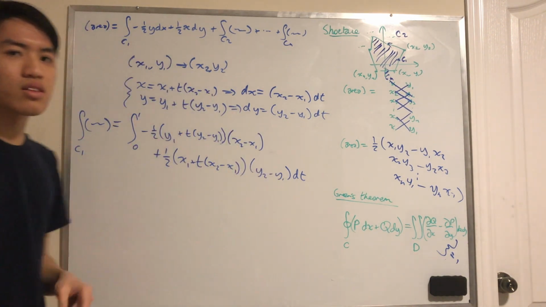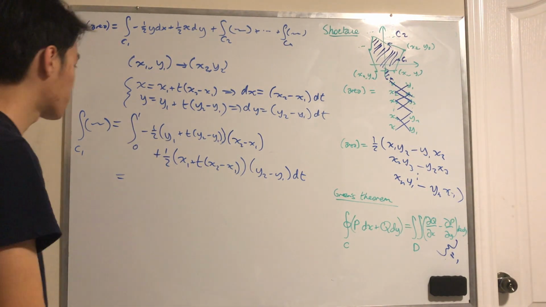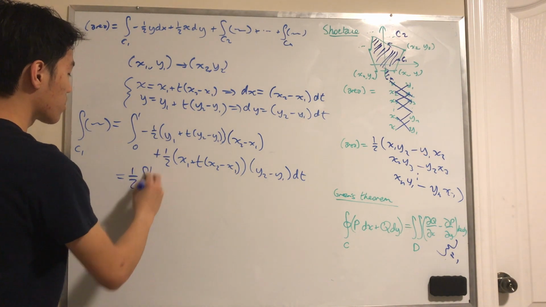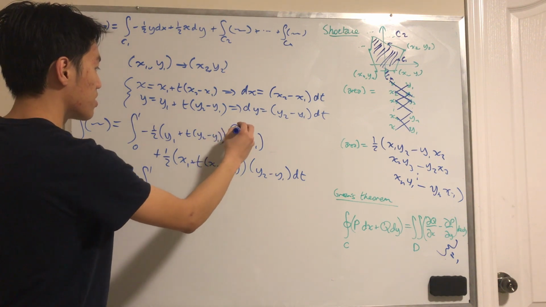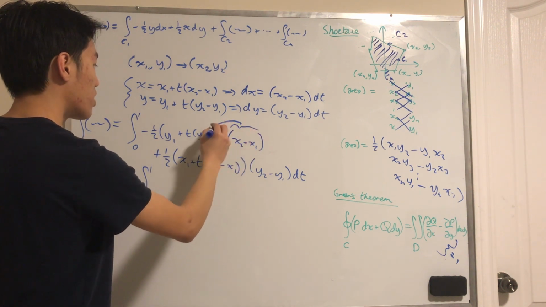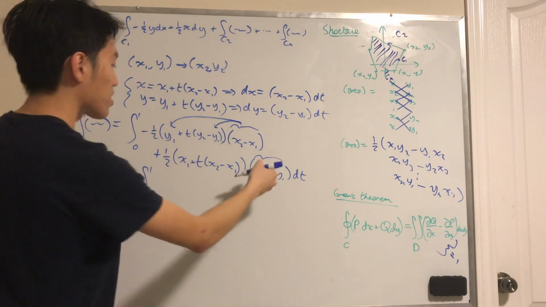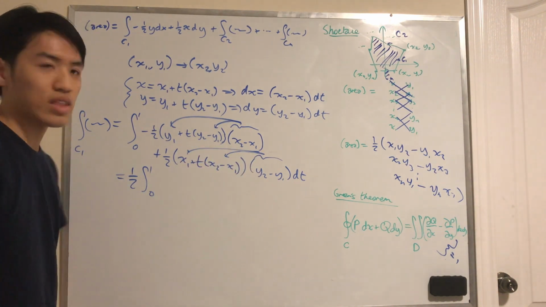From here it's a little messy, a bunch of algebra, so let's go through it together. Let's first factor out this 1/2 to make things a little easier, and then let's distribute some things. I see this x2 minus x1. Let's distribute it to both parts here, and similarly with the y2 minus y1. And let's see what that gets us.